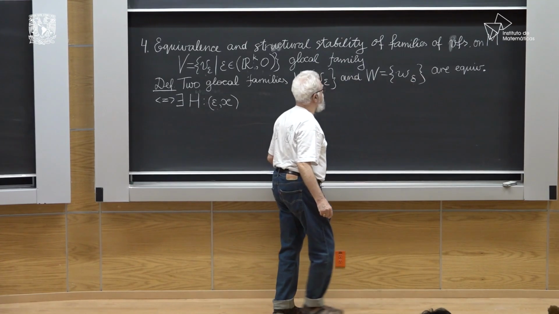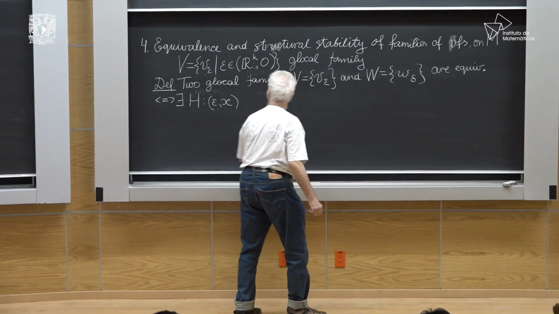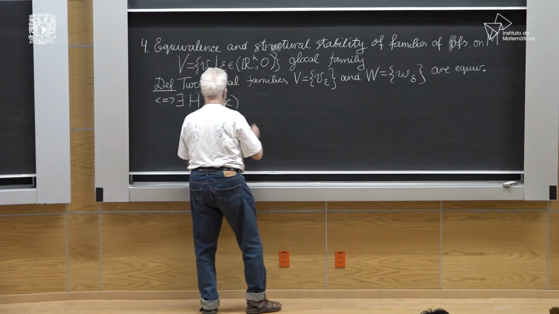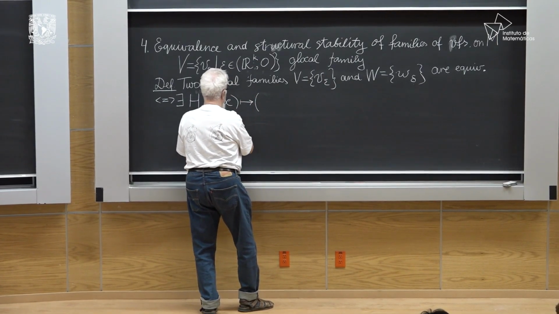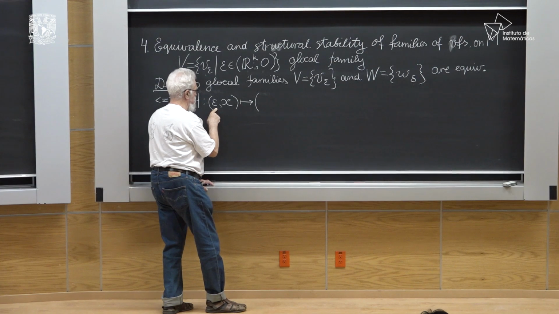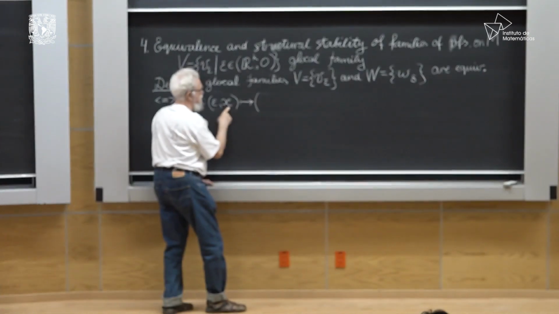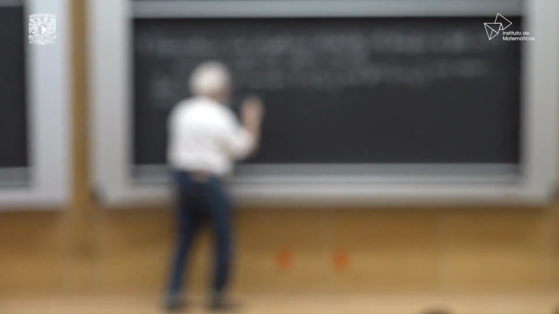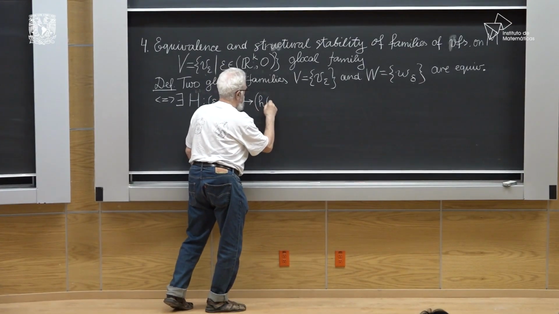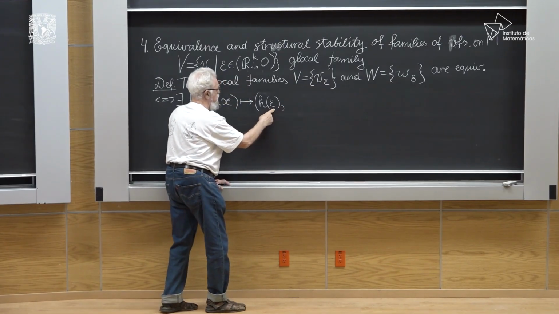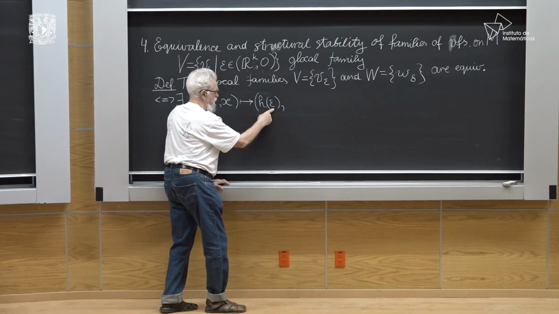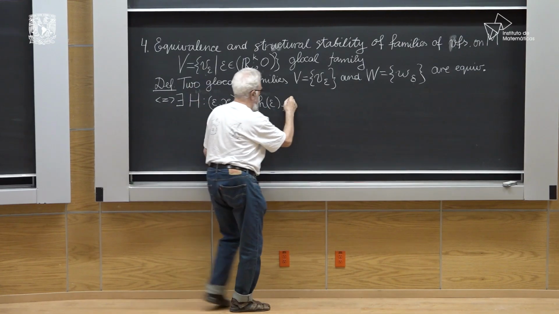So these two vector fields are equivalent, provided that epsilon is in the base, x is in the phase space M, and the parameter value of the image depends only on the value of the parameter here.